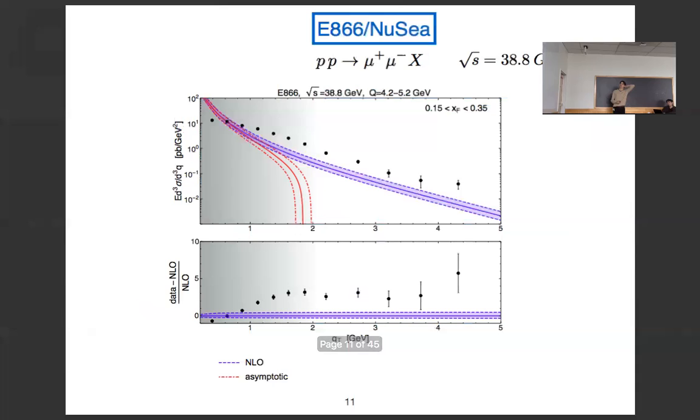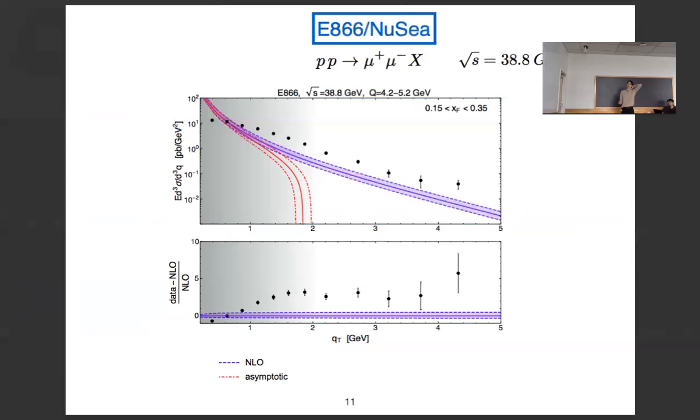Okay, so let's look at the comparison of theory against data. Here you can see the comparison with the most recent data, the new data. This is the alpha_s squared calculation at NLO, with the variation of the resummation, renormalization and factorization scales around 1/2 Q and 2Q.